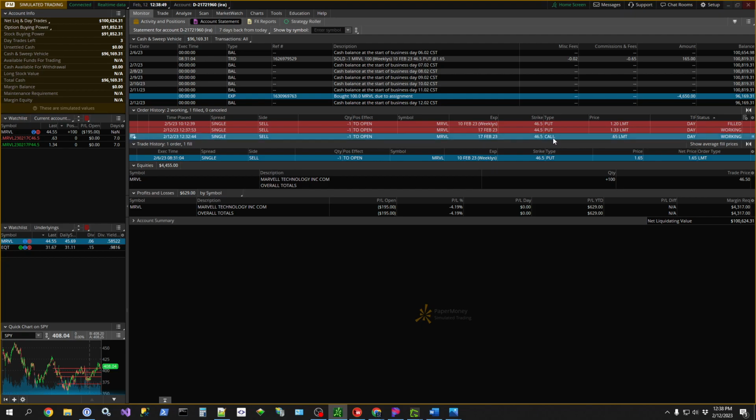We're locked into this 46.50 strike price, but if the price starts going down even further, we may not be able to get 65 for this, so we might have to lower it. So anyway, we will just wait and follow up on the positions tomorrow morning after they've executed, and record the follow-up video tomorrow to show you how those transactions went.